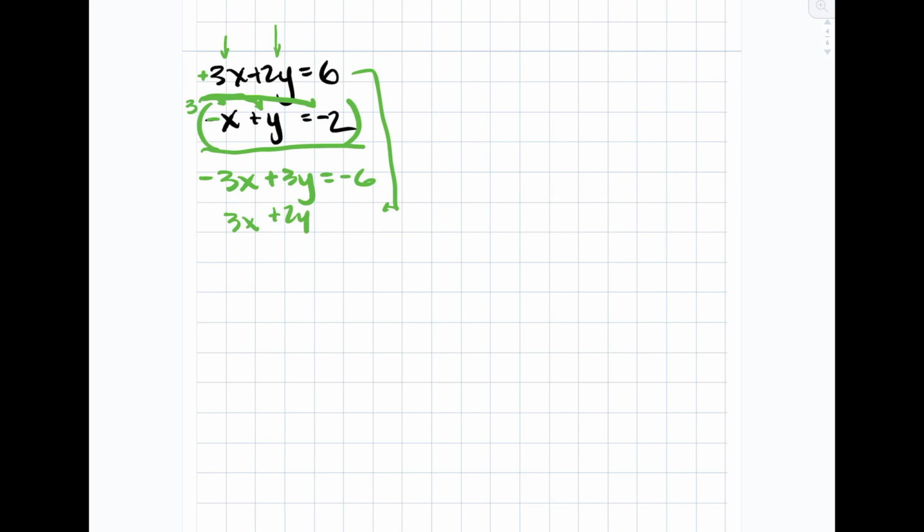So it's 3x plus 2y is equal to 6. Now when we add straight down, remember this is the elimination method, the 3x's will cancel out. The 3y plus 2y makes 5y is equal to 0. Divide by 5, and 5 goes into 0 zero times.